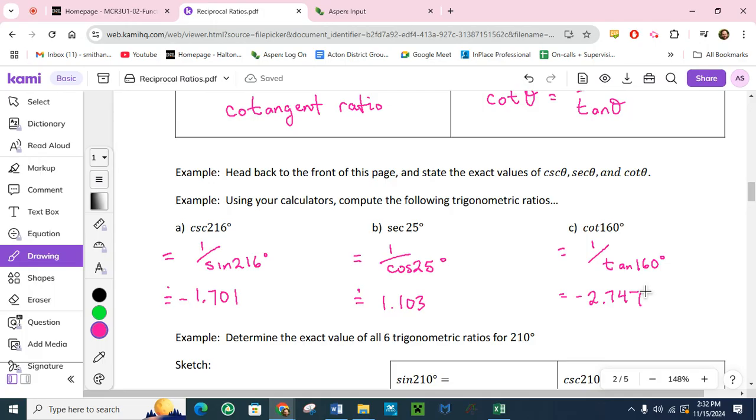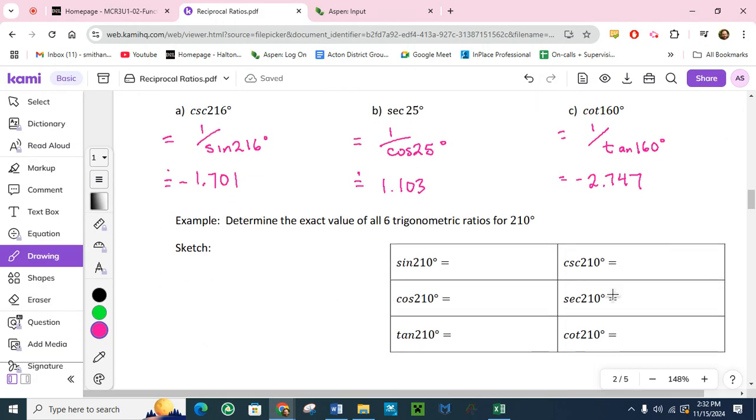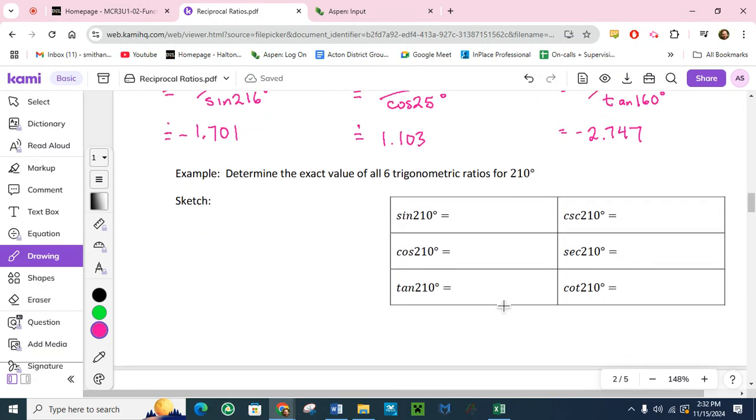I think let's actually do the bottom example first, and then we'll head back to the front and do all the reciprocal ratios for the ones in the front. So this is a good exercise to review some things Miss Goby did with you guys. On the left here, can you guys just make a sketch of 210 degrees, which should almost be kind of a reflex at this point?